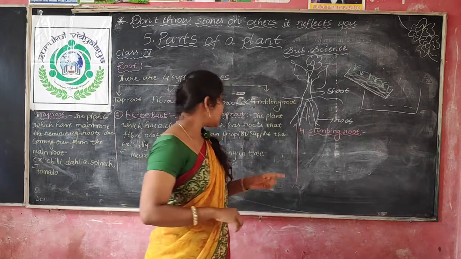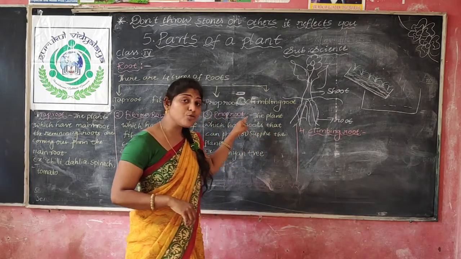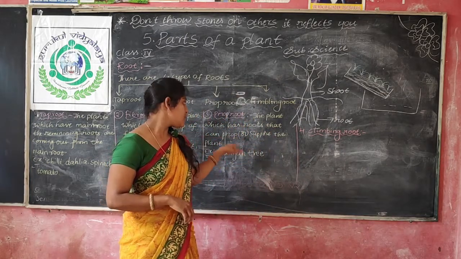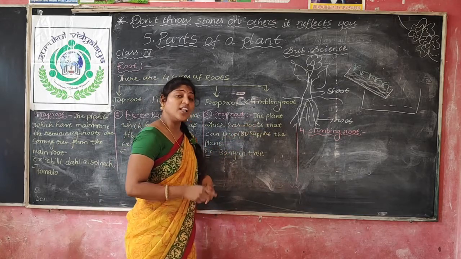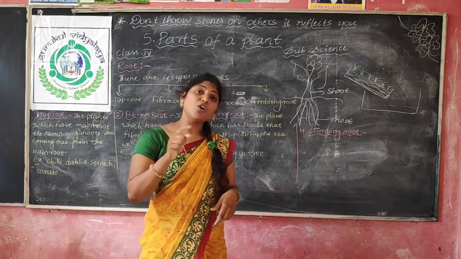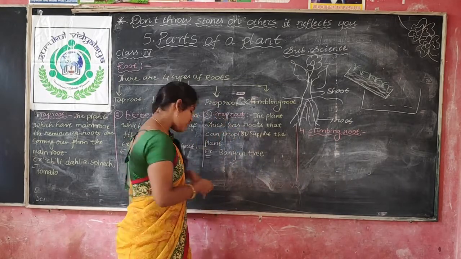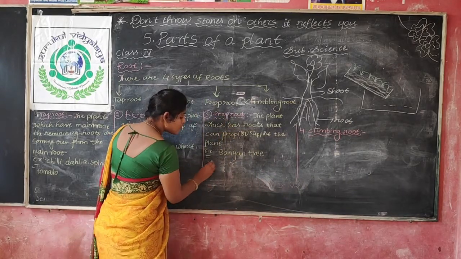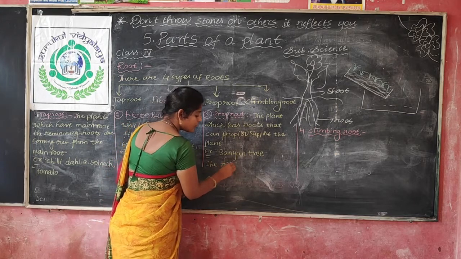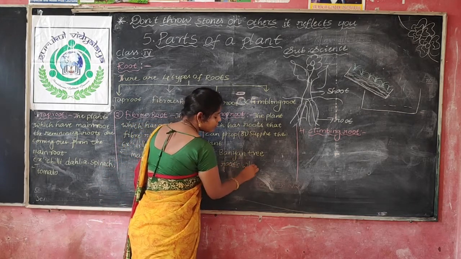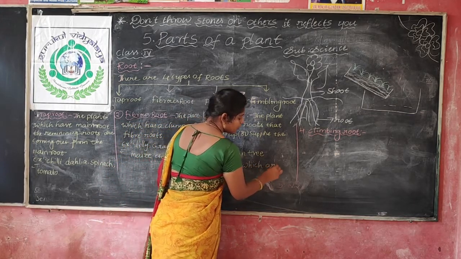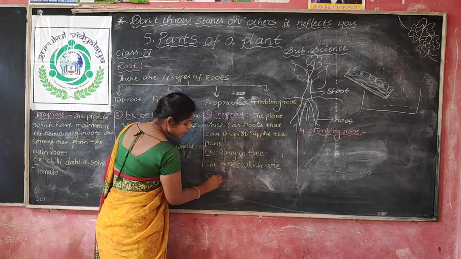Because here the climbing root means the roots are coming out from the stems. The roots which are coming out of the stems. So how can we define the climbing root in another way?